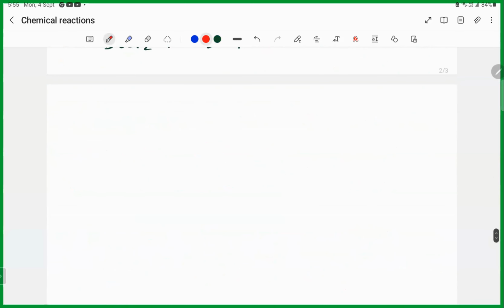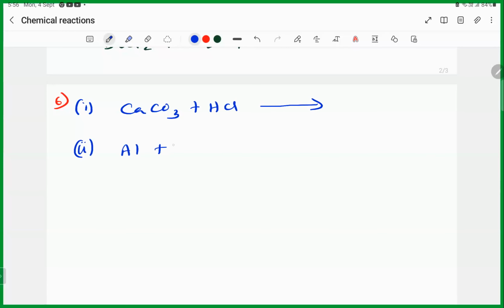ஆறாவது question. Complete the following chemical reaction. நீங்களே ட்ரை பண்ணுங்க. Number 1, calcium carbonate plus HCl. சொல்லுங்க, ஆன்சர் சொல்லுங்க. Number 2, aluminum plus HCl. Number 3, MnO2 plus HCl.